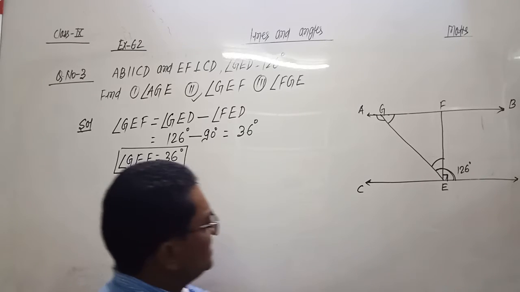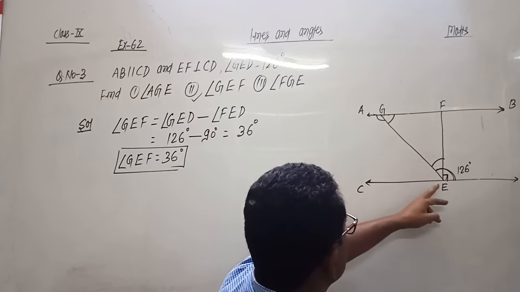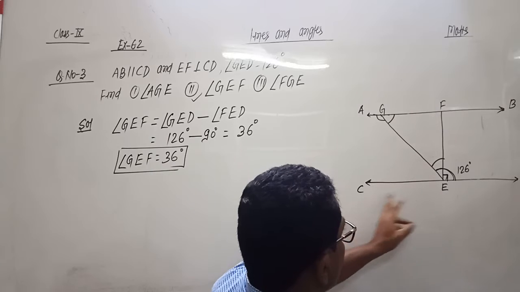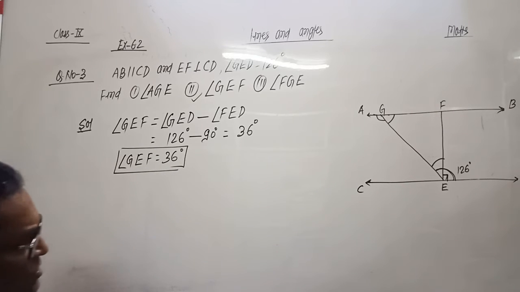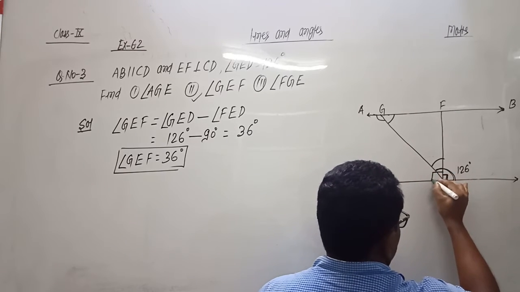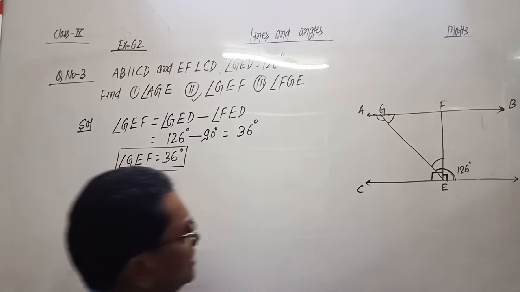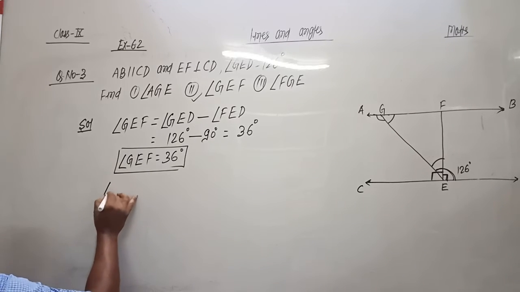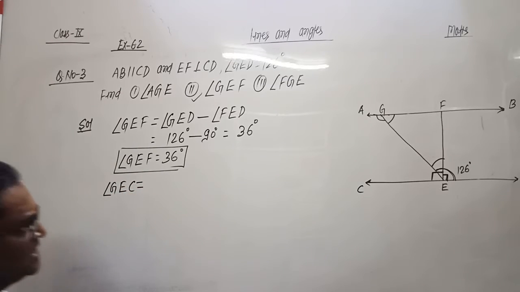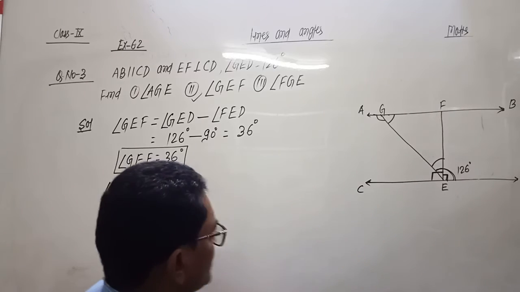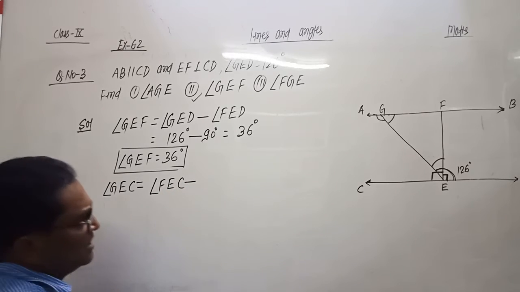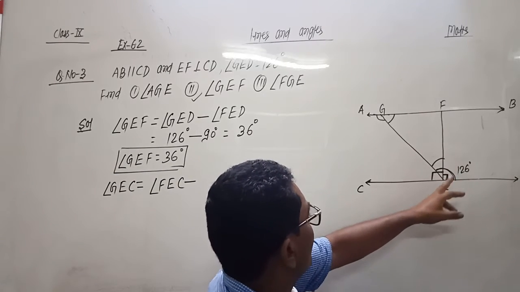Now we find angle GEC. If this whole angle is 90 degrees, then this complete angle is also 90 degrees. So firstly we calculate angle GEC, and GEC can be written as angle FEC minus angle FEG.